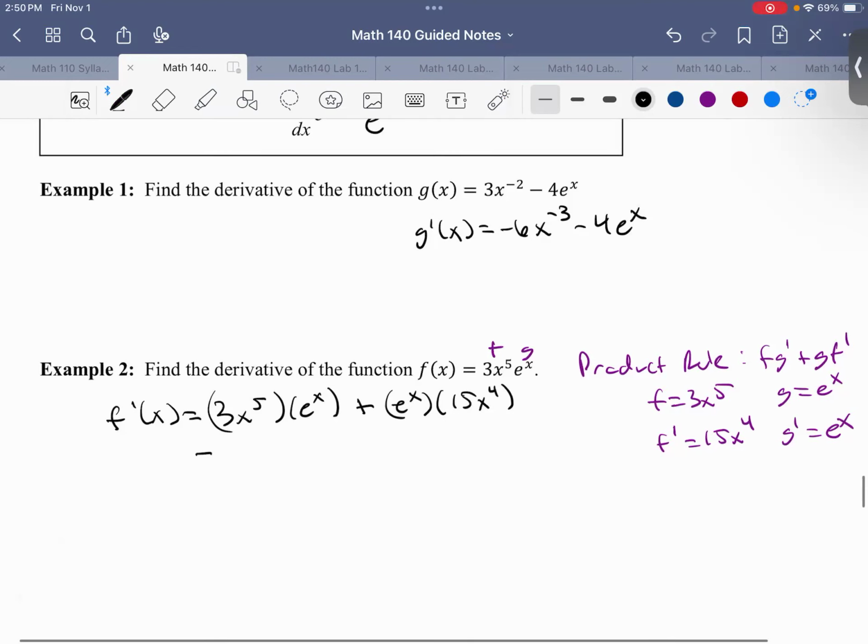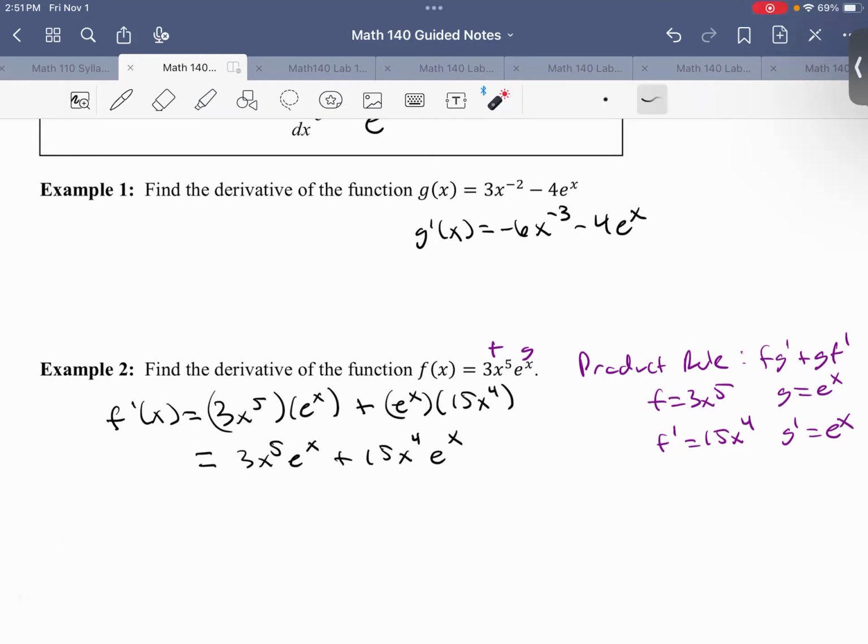Let's simplify this. We get 3x to the fifth e to the x plus 15x to the fourth e to the x. To clean this up a bit, we can factor out a common term. A common term that these all have is 3x to the fourth and an e to the x.